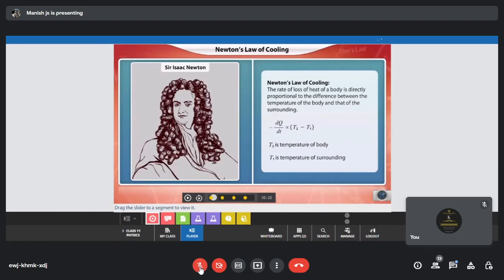That is the meaning. So the cup of hot tea or hot coffee would lose heat. The rate of heat loss, minus dq by dt as we write, is proportional to the change in temperature. Why are we saying change in temperature? Because there is a change in temperature from the higher object to the lower object, that is, from higher temperature to lower temperature. So we say T2 minus T1. That is the relationship. We'll proceed further.